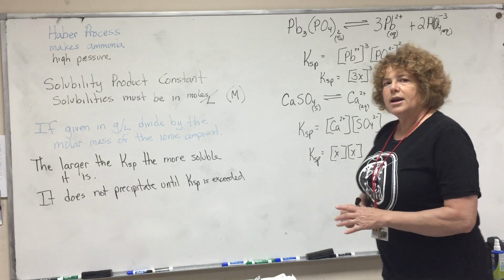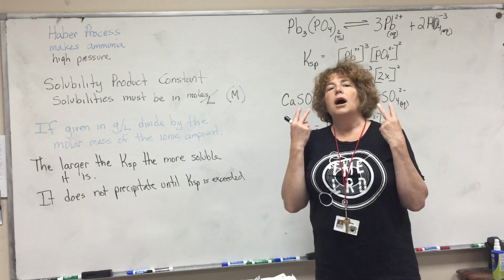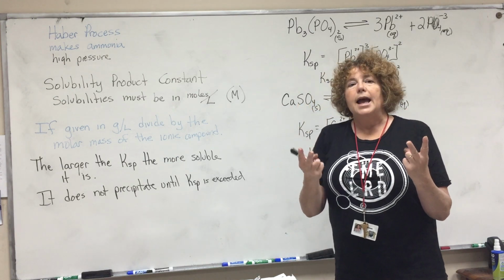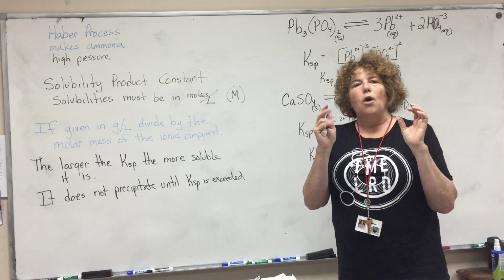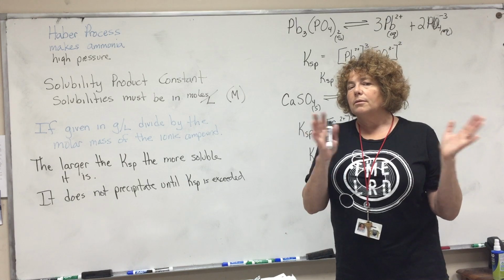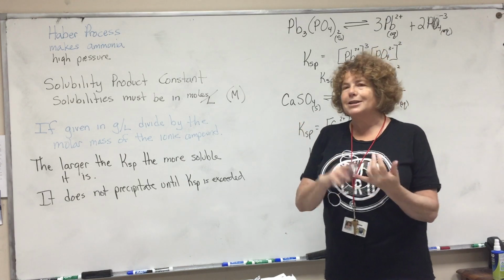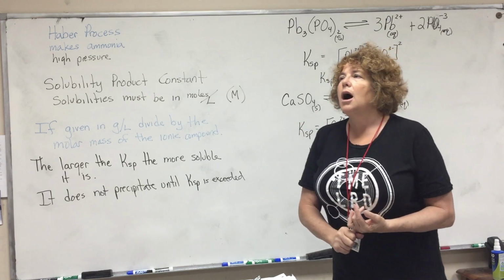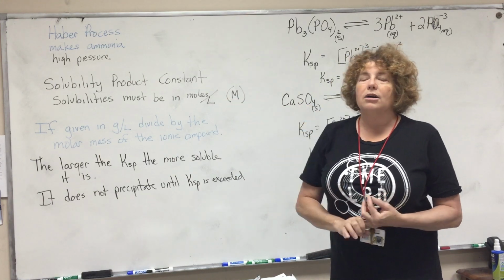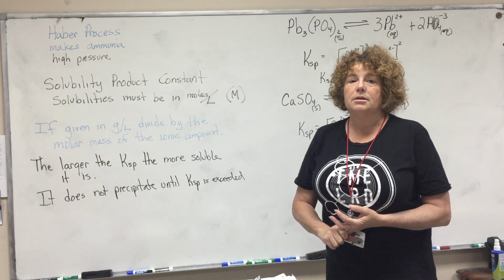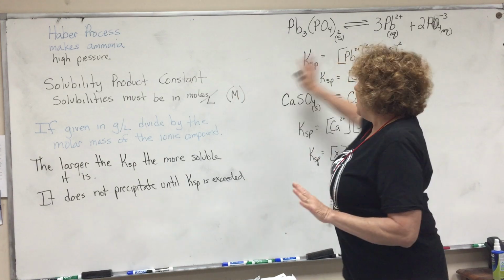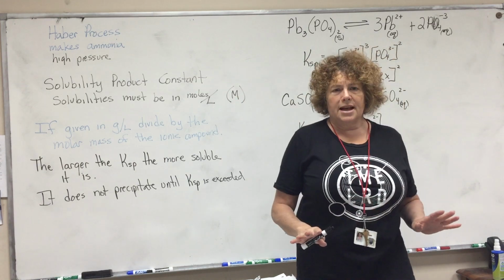So when you are given 2 chemicals and they have an always soluble part to them, for example, nitrates are always soluble, all the alkali metals are always soluble, so they don't have Ksp's because they're always soluble.